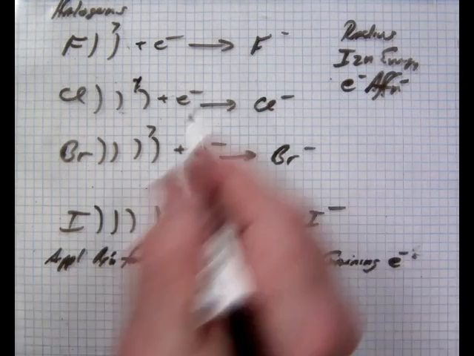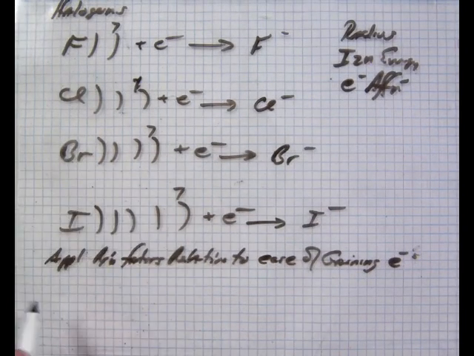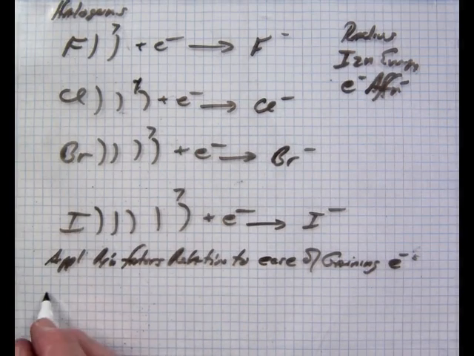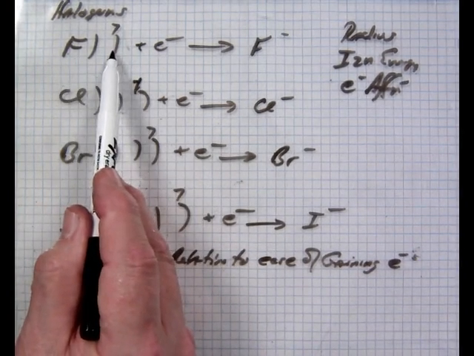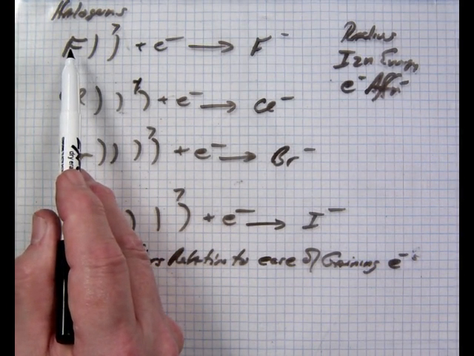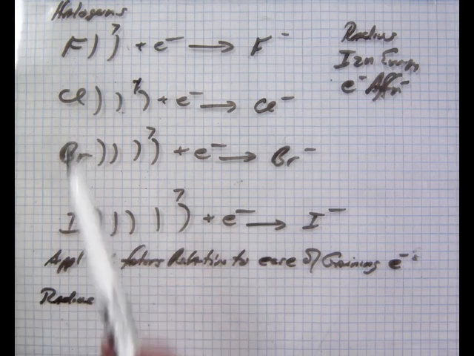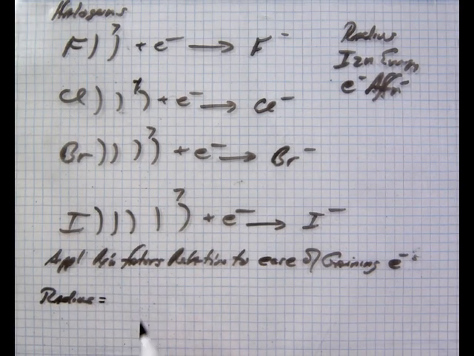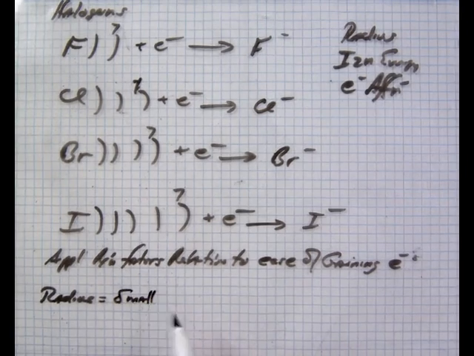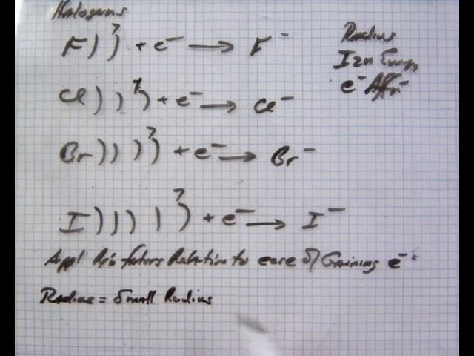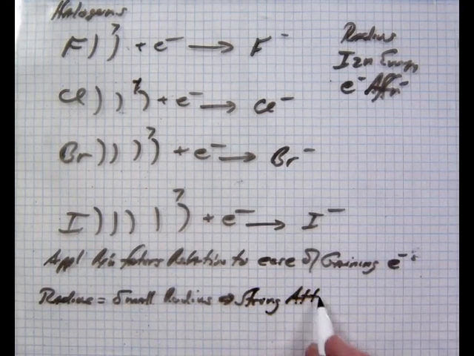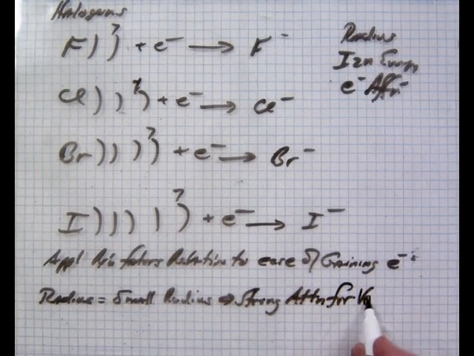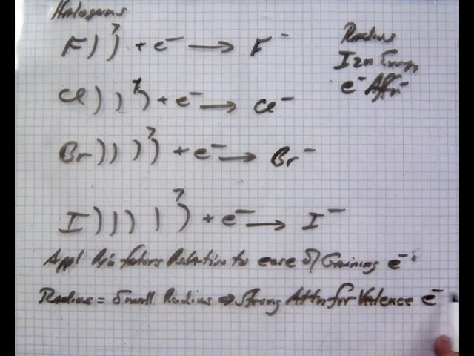And when we consider the trend, what can we say about radius and the gaining of electrons? Okay, if the outer shell or the valence shell is close to the nucleus, remember what I say, it's a strong attraction. So small radius produces strong attraction for valence electrons.